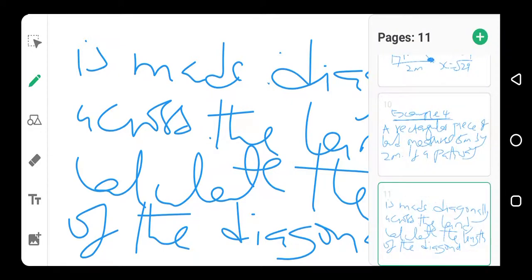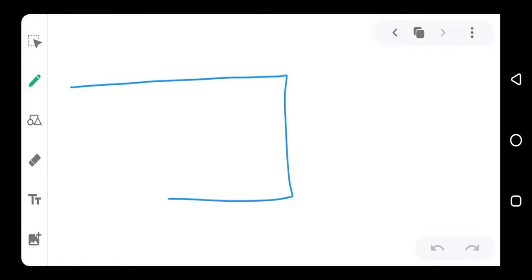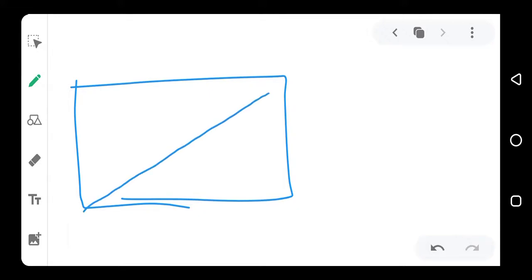Now, they say it's a rectangular piece of land. So we have a land like this. Now somebody decides to create a way inside the land. Somebody's land, you are creating a road inside the person's land.